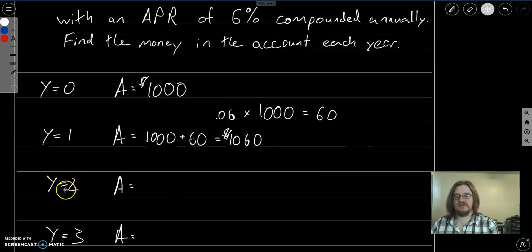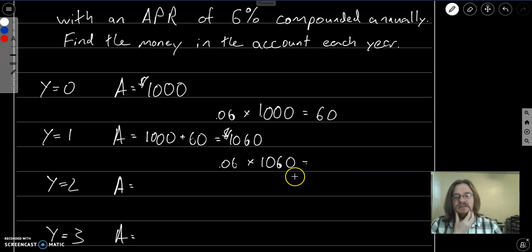Now, for year 2, we'll take how much money we have in our account at the end of year 1, and we're going to take 6% of that. And this is starting to get to calculations I can't quite do in my head.